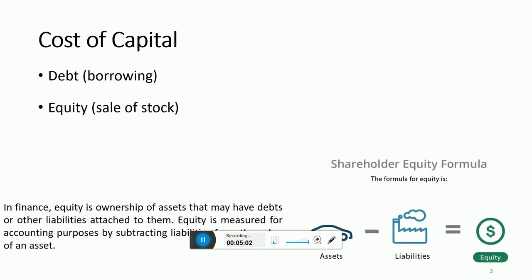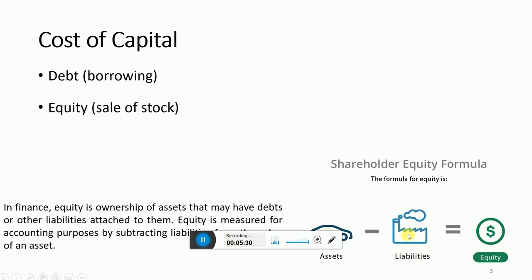In this figure, you can see that we have assets and liabilities. The subtraction of the liabilities from the assets gives us the equity. Like we have assets, a building, a car, or some other equipment which may have some worth, and we have many liabilities like debt or other kinds of liabilities.